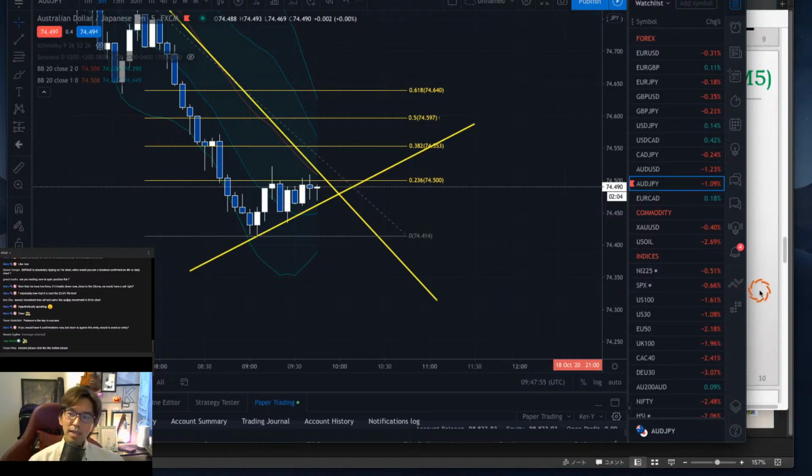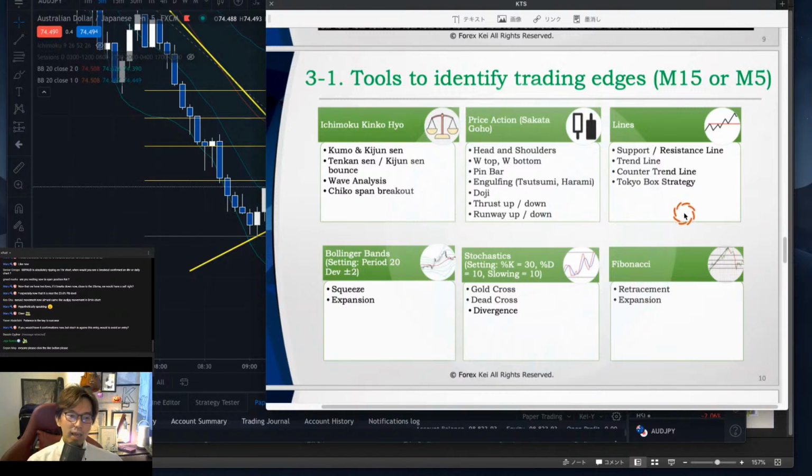I look at these indicators and tools and lines, but I treat them as equal level. I don't wait on, for example, a stochastic gold cross or dead cross. I won't wait for confirmation on Bollinger Band, or wait on, for example, a Tokyo box break or Fibonacci.